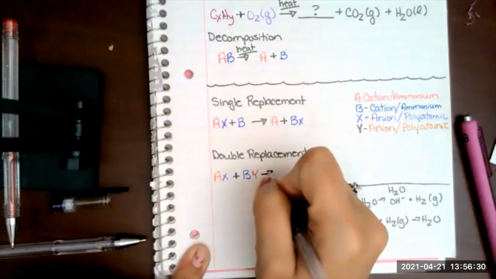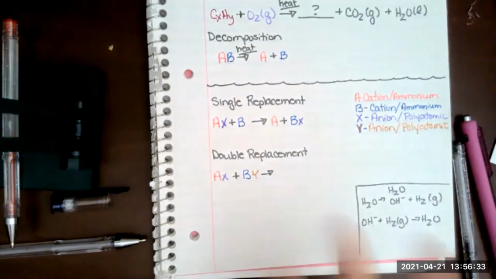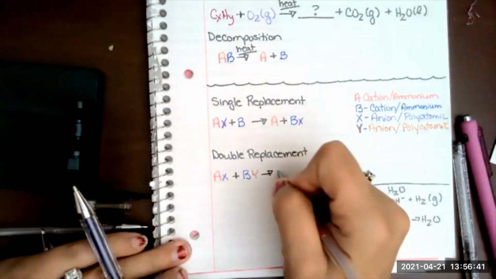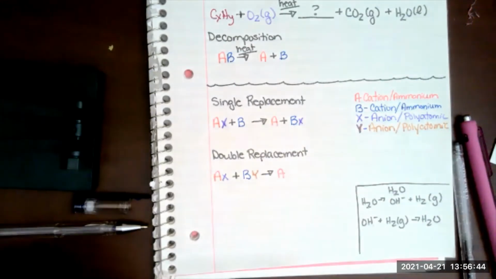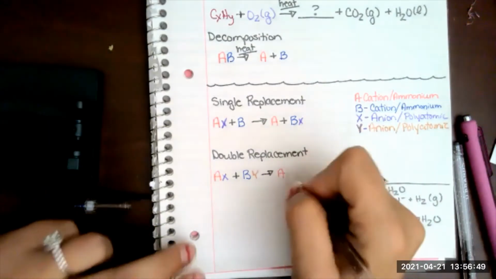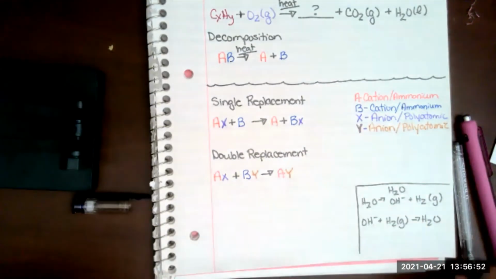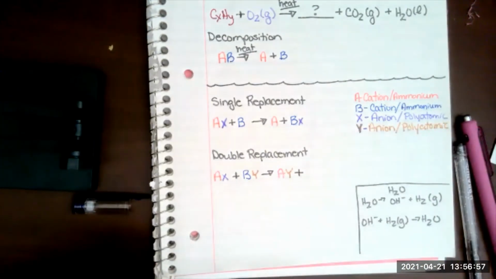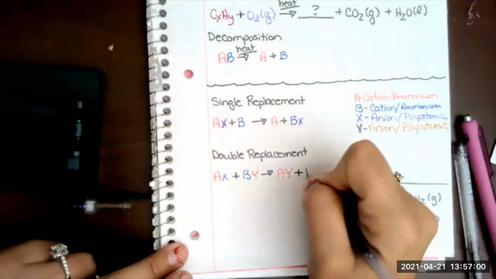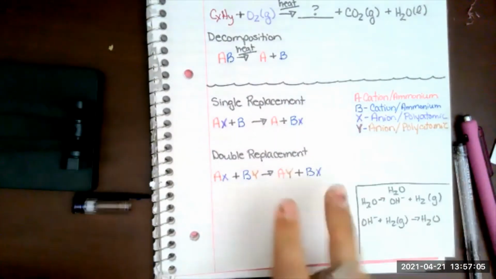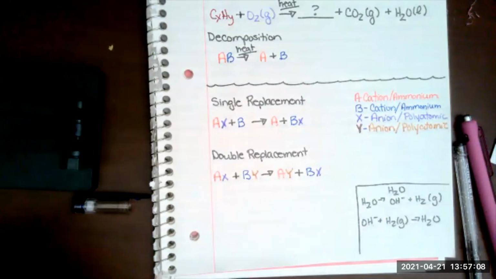So if you see two ionic compounds mixed together, you're gonna have a double replacement. Then you're gonna have AY, and that's going to be added to BX.